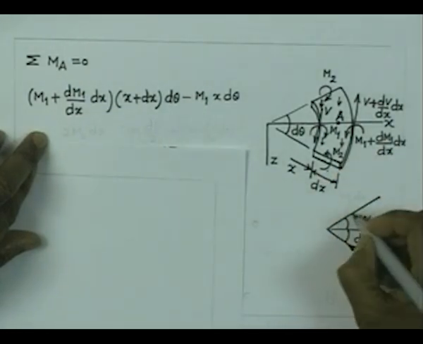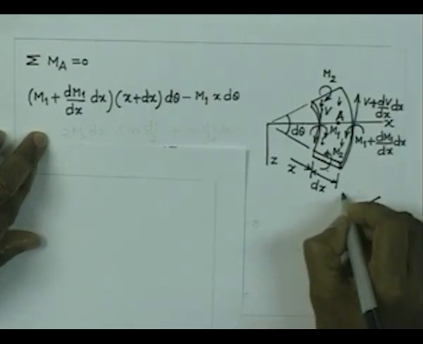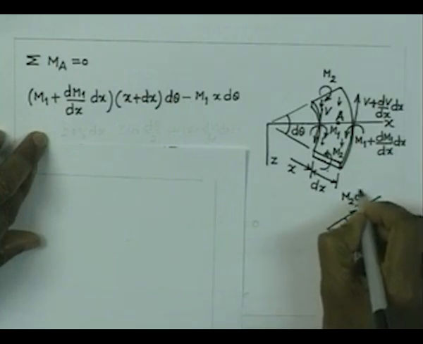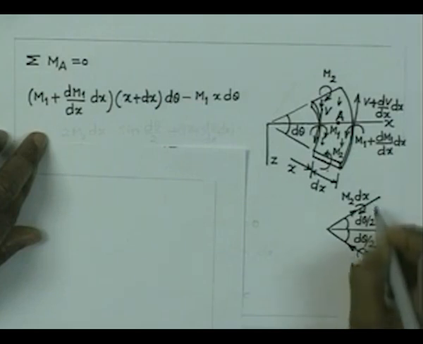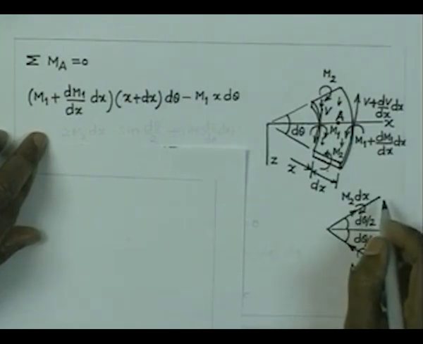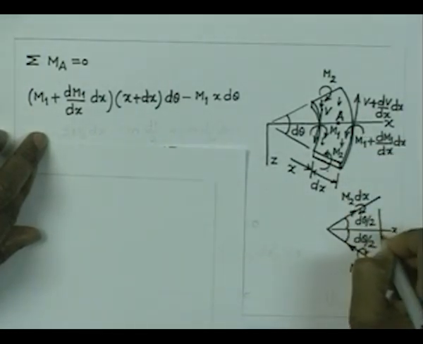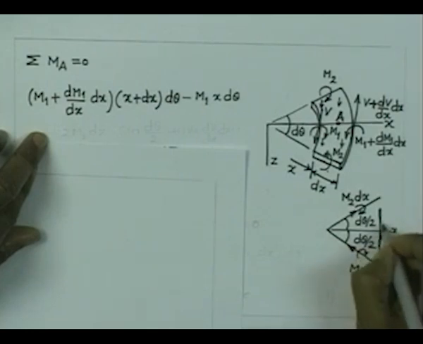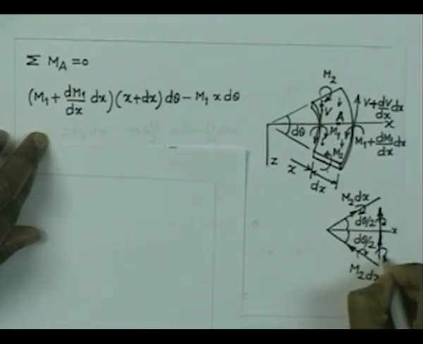Similarly, in this direction the total moment is nothing but m2 into dx. Now, we are trying to look for the component in this direction, and it is going to give rise to a component like this, which is opposite.